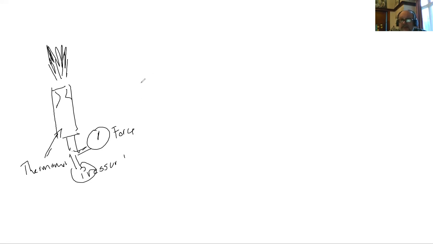I put this on a DAC. Off here, I'm measuring, this could be the force. And here's going to be a pressure transducer. And I might also have a thermistor in there, a thermometer. So I'd end up with a matrix, a series of results.